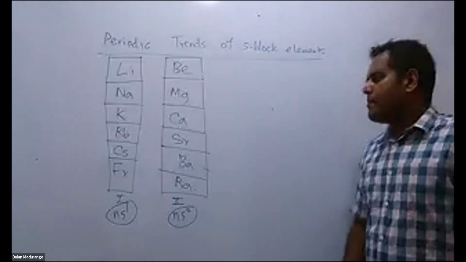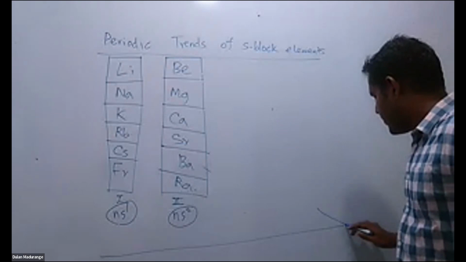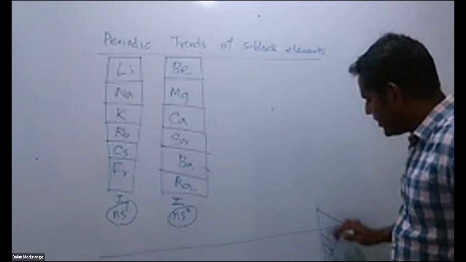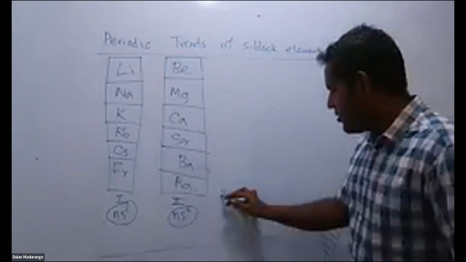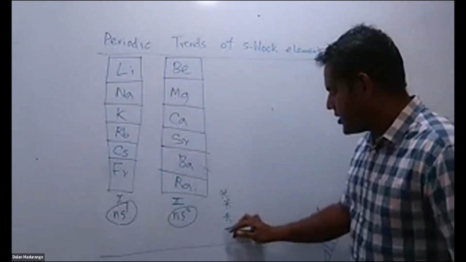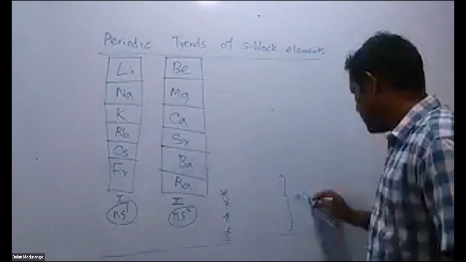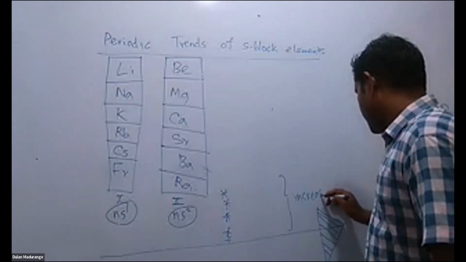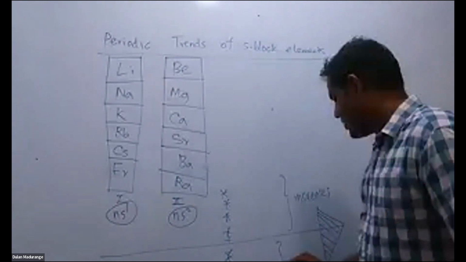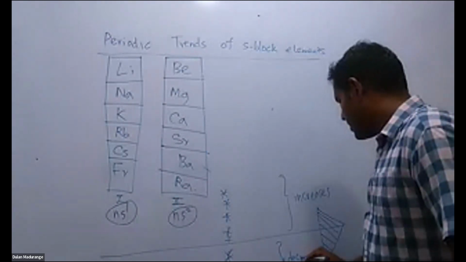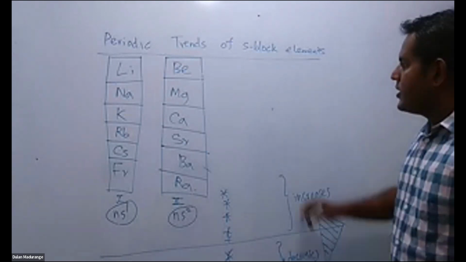Okay, now my topic is period trends. Across the period, what are the properties that get increased? We have to notice. And across the period, what are the properties that get decreased? Then we should write downwards in the group.